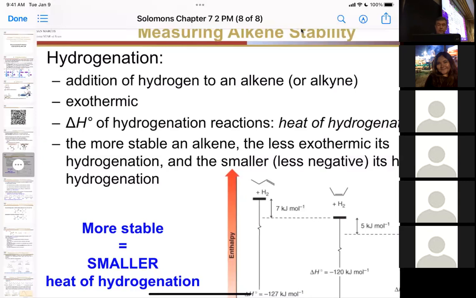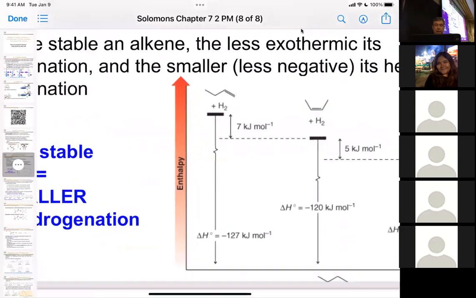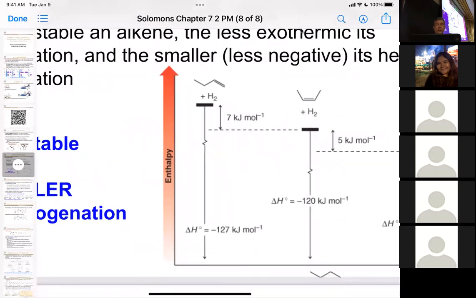Okay, so let's look at that. If we took our terminal alkene right here, this is butene, and we hydrogenated it, it gives off 127 kilojoules per mole of heat. We don't know if that number is big or small.